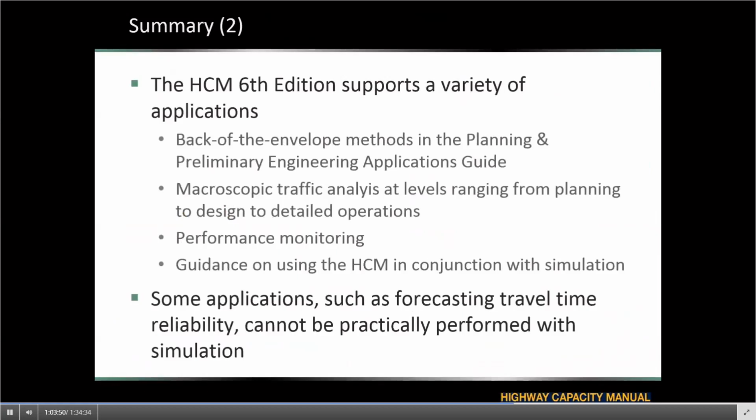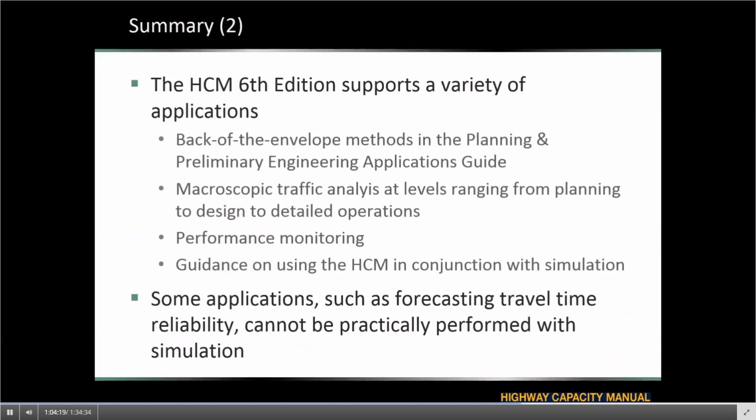The travel time reliability method that I mentioned really is one that cannot be practically performed with simulation. Anyone who has used a simulation tool, who has struggled to calibrate just a single-day model for an average performance, can imagine repeating that calibration to reflect randomly generated incidents, weather, work zones, both planned and random, and special events.